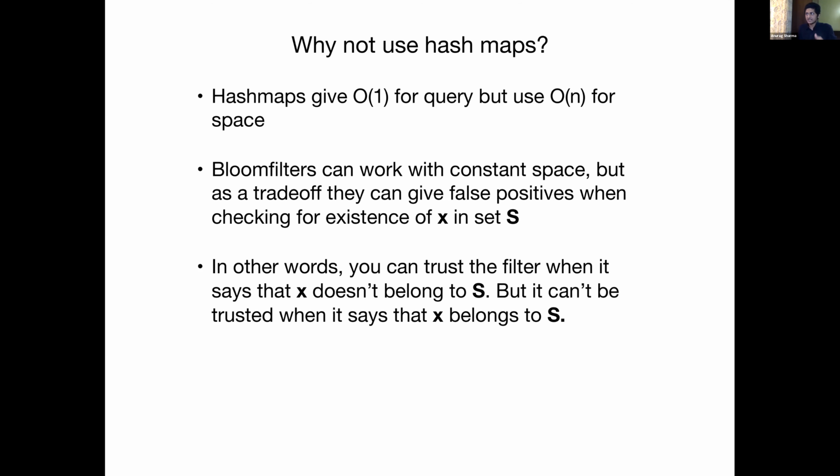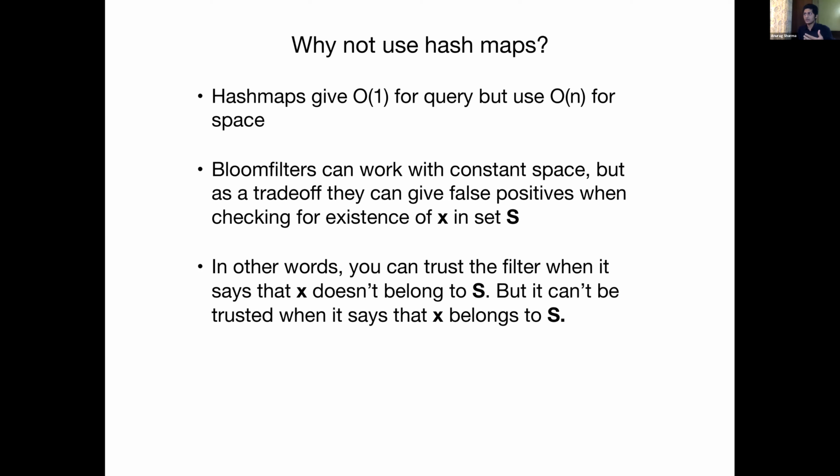But as a trade-off, they can give you false positives when checking for existence of X in set S. So when a Bloom filter tells you that X doesn't belong to S, you can trust it. But if it tells you that X belongs to S, then it might or might not belong. We'll see why that happens.